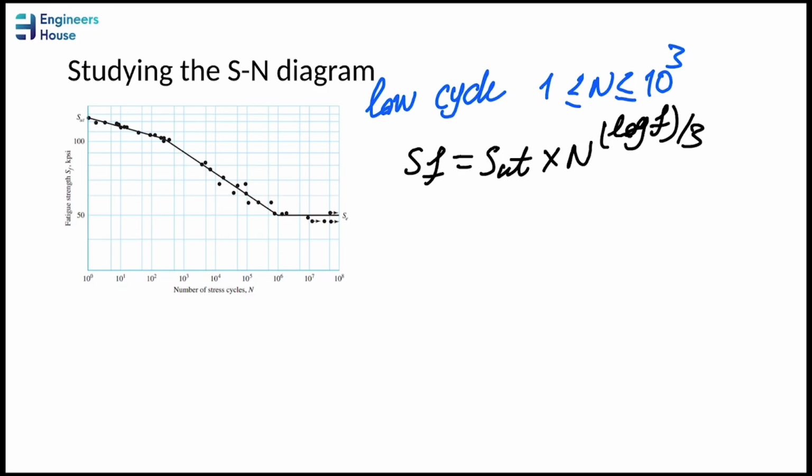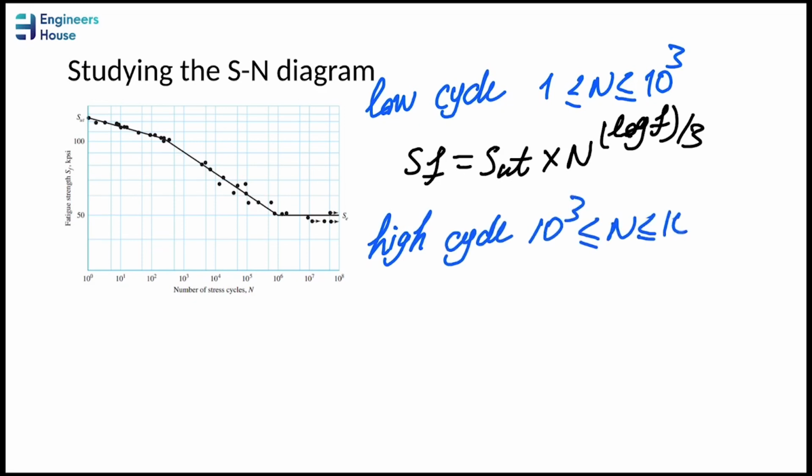And for the high cycle fatigue, the number of cycles will be here. Actually, this part of the diagram. And the relations are SF equal to A times N powered by B. But what is A and what is B?